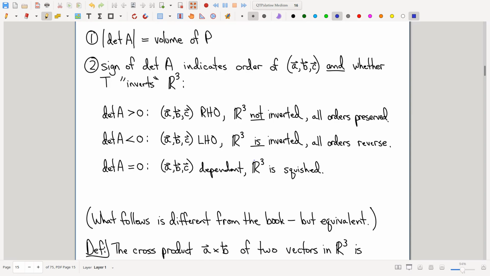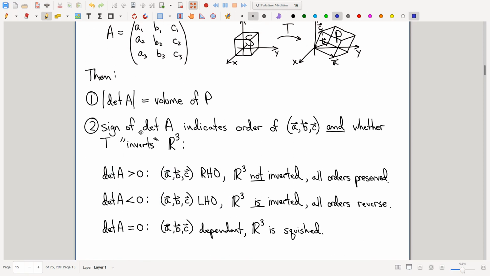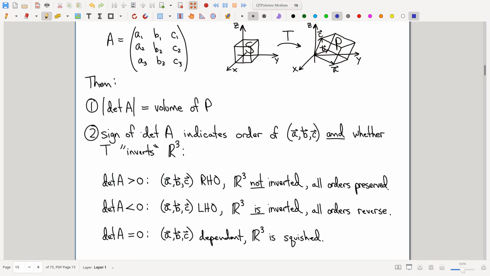So in particular, plus or minus in the determinant tells us right hand versus left hand for the list. Likewise, it's a little bit harder to think through the geometry, but let me do a little hand waving down here.